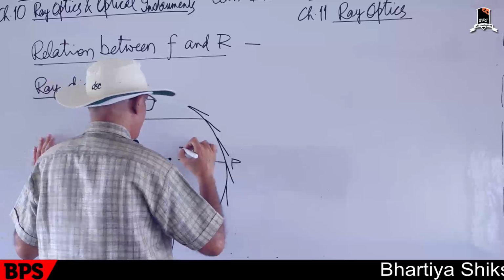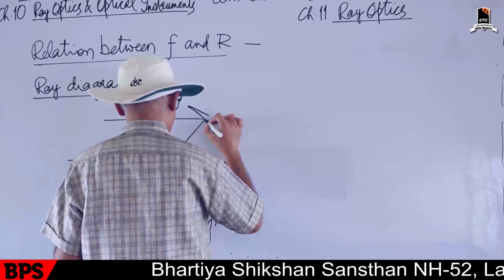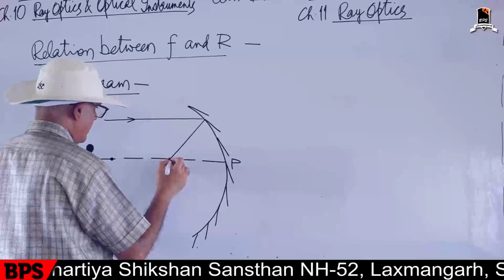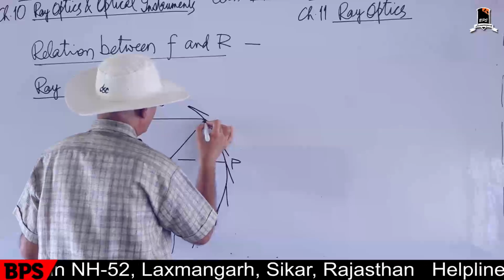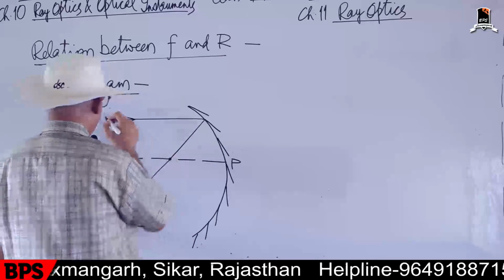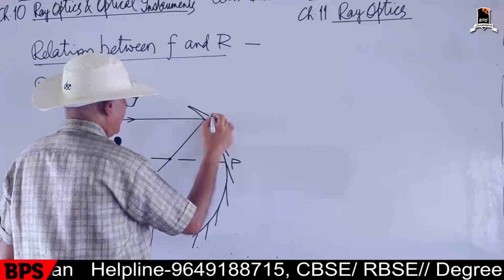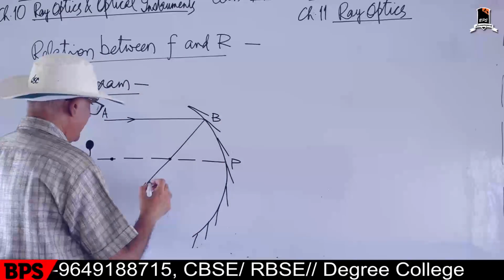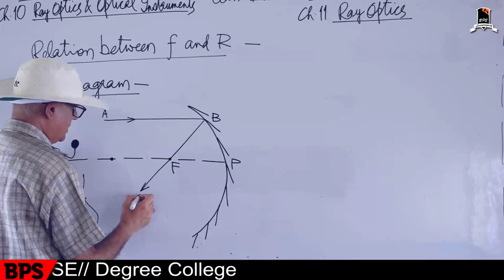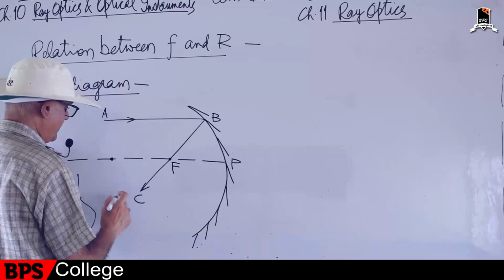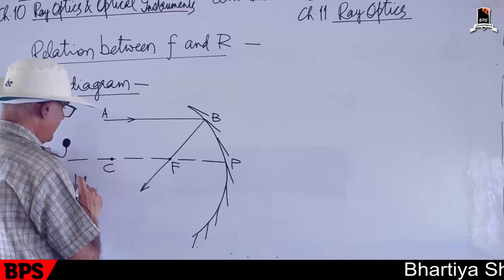So this is passing through the focus of the mirror, F. Say this point is A, this point is B, and this point is focus point F. This point is C, the center of curvature.